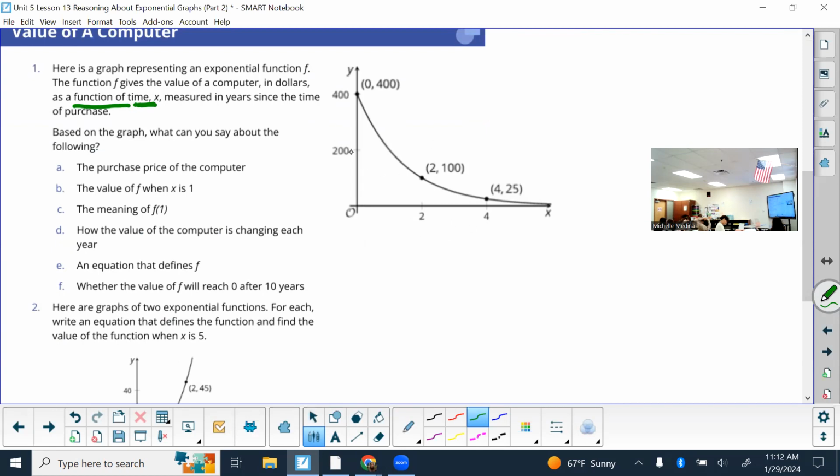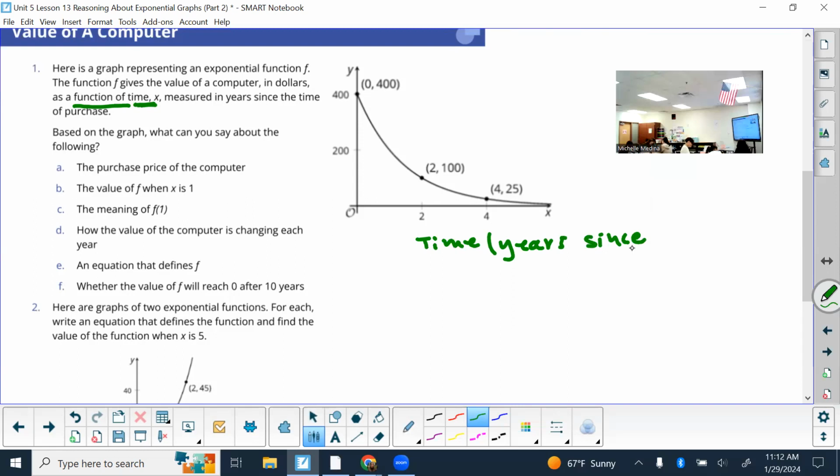So you see how this graph isn't labeled? You could go back and read it since it says function of time x. That needs to go on my x-axis. And it's years since the time of purchase. So time, the x-axis is measured in years since purchase.